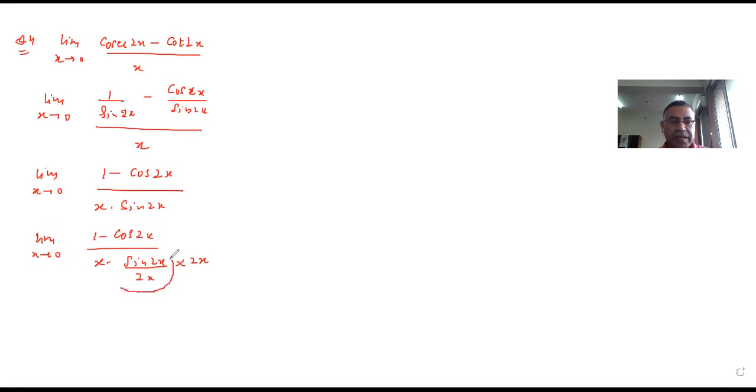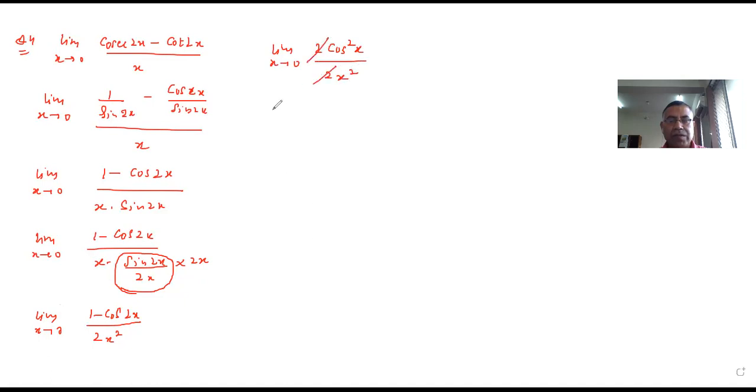Here the angle is 2x and in the denominator also there is 2x, so this is equal to 1. So now my net function becomes (1 minus cos 2x) upon 2x square.